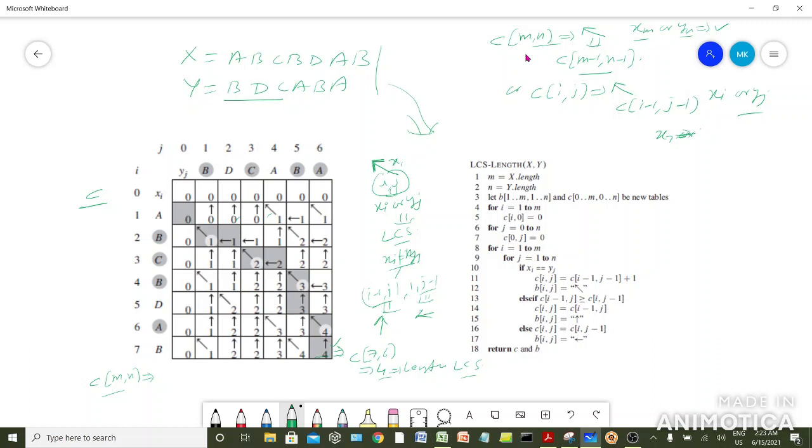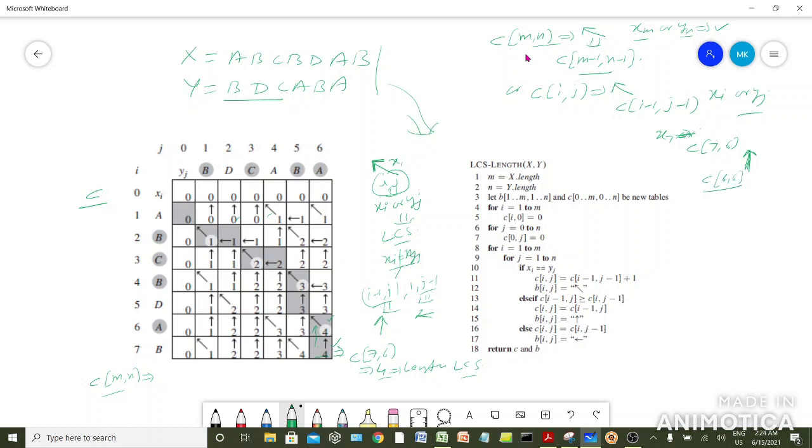There is no x7. Fine. Now observe the entry contained by C of 7 and 6. This is vertical. It means move vertically. So it moved vertically and reached C of 6 and 6.